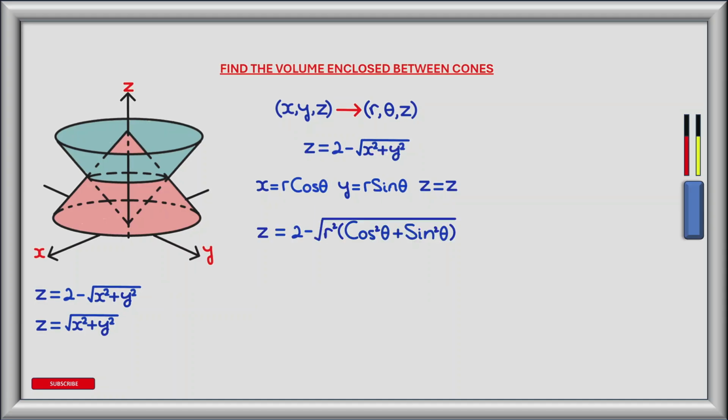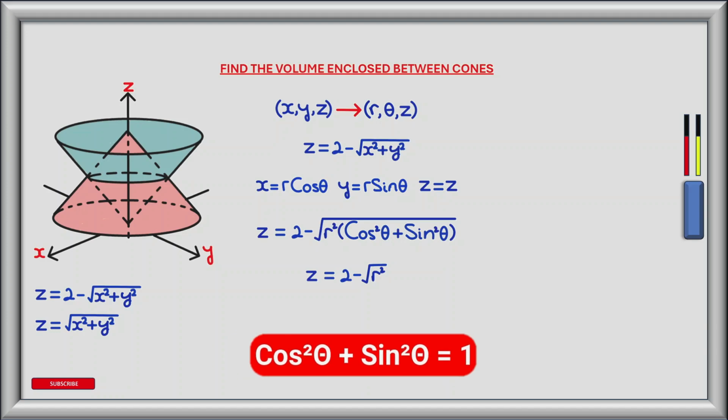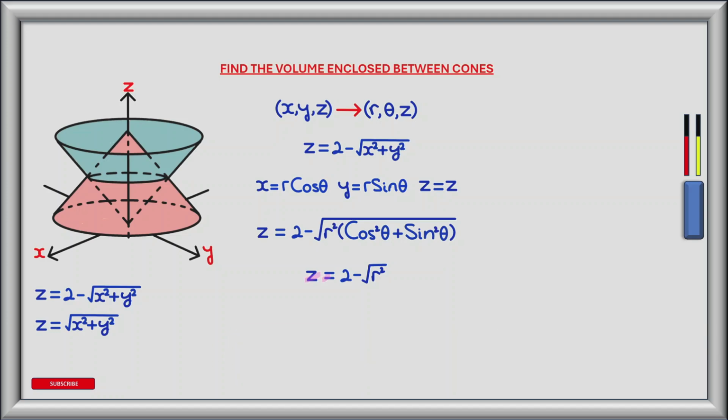After making the substitution, we get z equals 2 minus the square root of r squared times the bracket of cos squared theta plus sin squared theta. Using the trig identity where cos squared theta plus sin squared theta is equal to 1, we're left with z equals 2 minus the square root of r squared. Taking the positive square root, we have z equals 2 minus r.